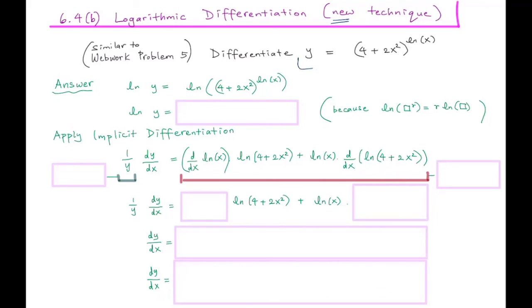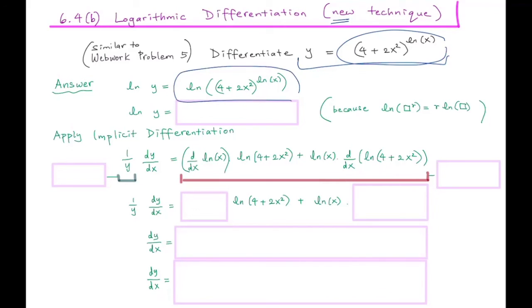So I want to differentiate this function. I let this function that I want to differentiate be equal to y, and then I take the natural log on both sides. Now here, I want to simplify this a little bit.